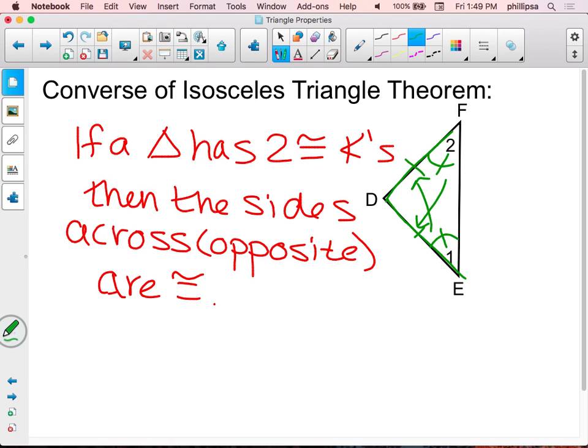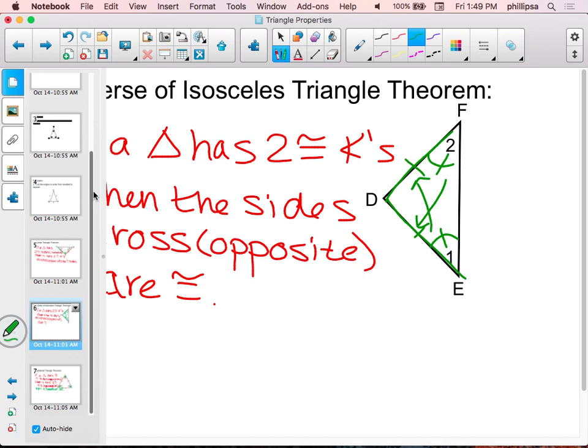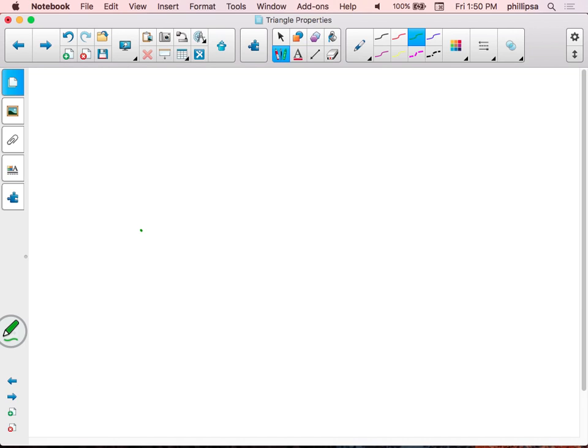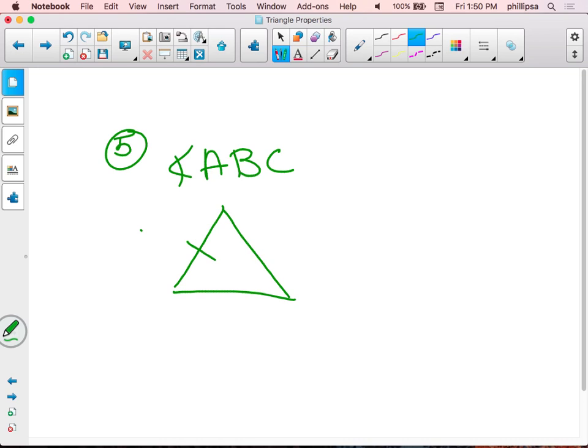Okay, so you could go ahead and flip it over. Actually, right now, I want to skip to that middle section where you're looking at number 5. It says to find the measure of angle ABC, and they give you this diagram.